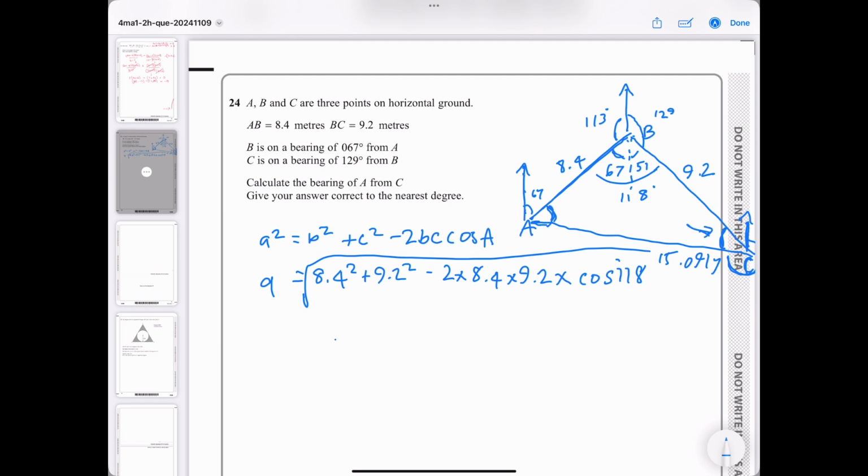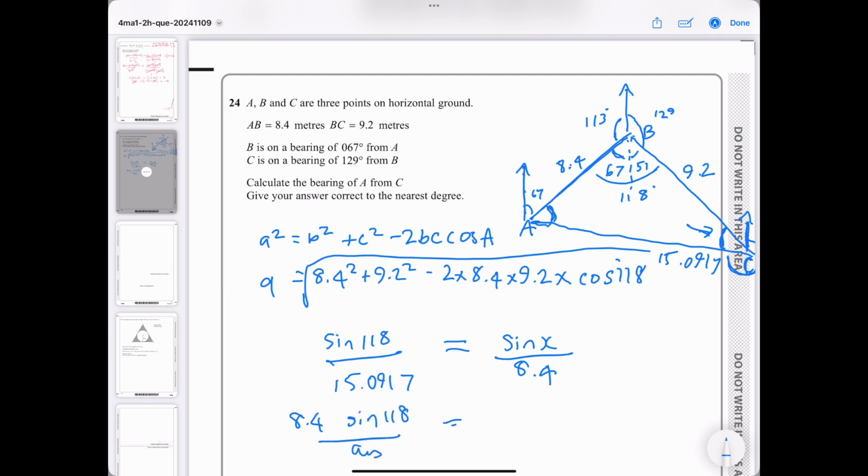And the way we do that is we say, okay, sine of 118 over 15.091 equals sine of x over 8.4. And then it would be 8.4 sine 118 over answer equals sine of x.